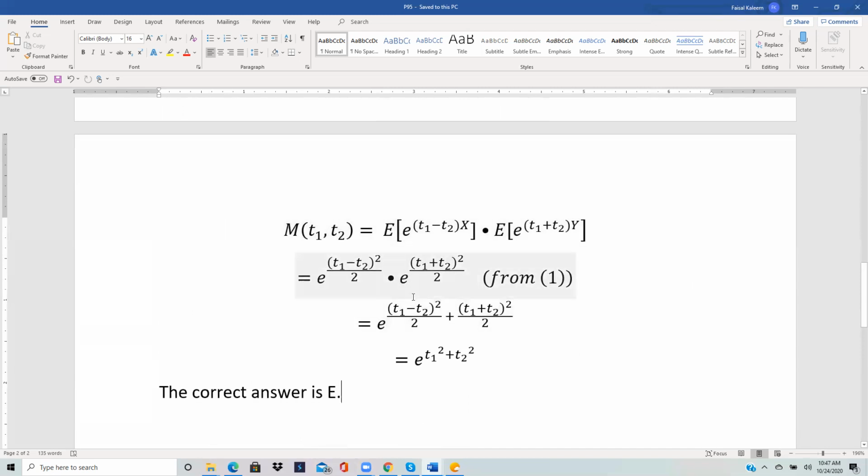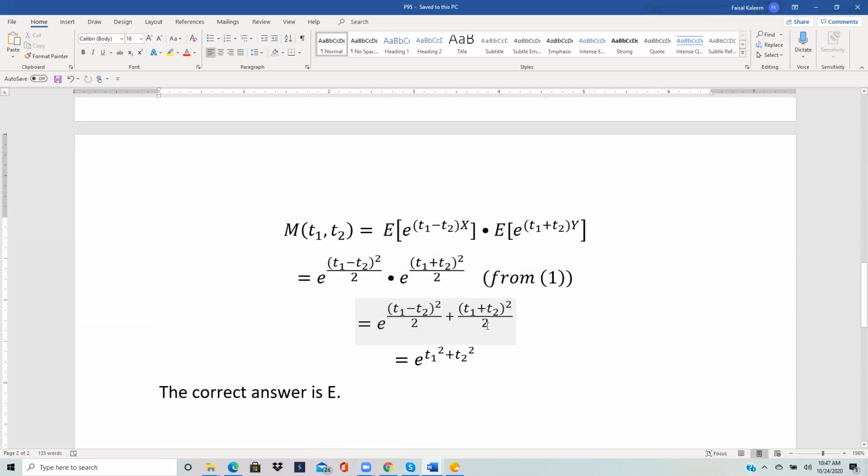And now we combine them back. It's e power this times e power this, so we add them up in a single power. When you simplify this expression, you will get t1 squared plus t2 squared, because this square opens up as t1 squared minus 2 t1 t2 plus t2 squared, and this one opens as t1 squared plus 2 t1 t2 plus t2 squared, and they have a common denominator of 2.